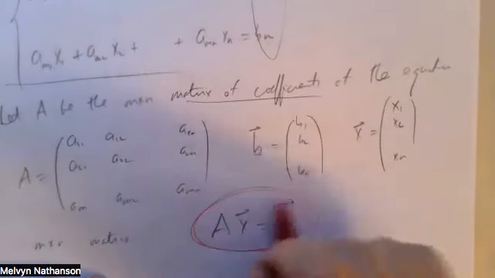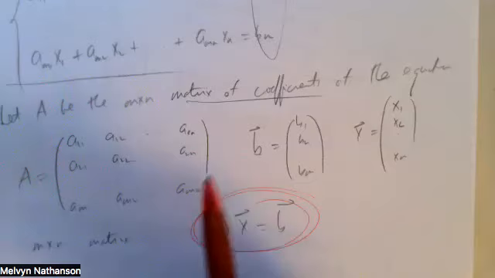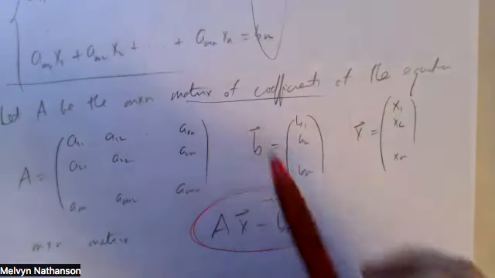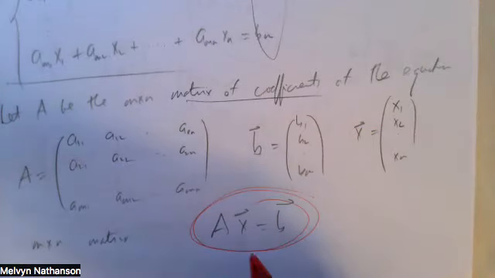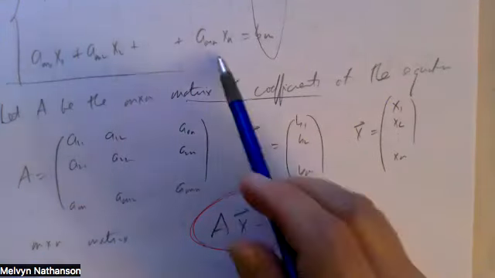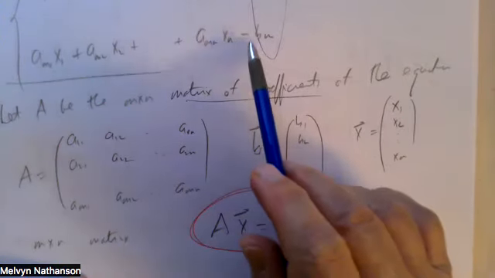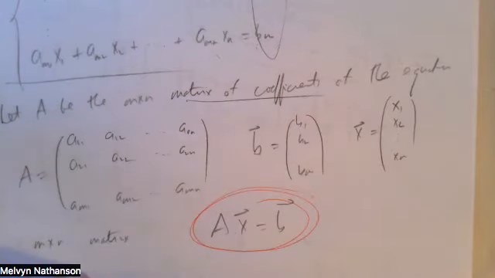So the matrix of coefficients of the equations, that's A, and Ax = b is simply a matrix way to write down a system of linear equations. You can go back and forth between the matrix representation of the system and the sort of high school algebra representation of the system.